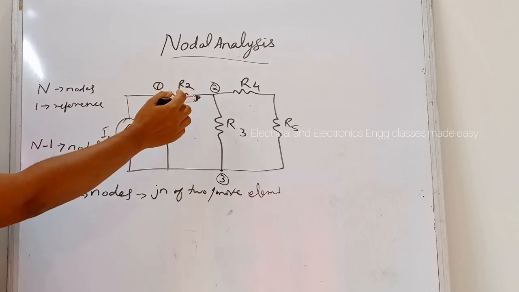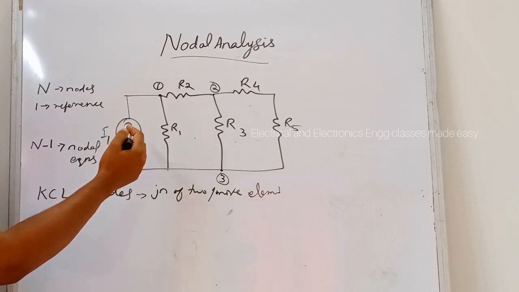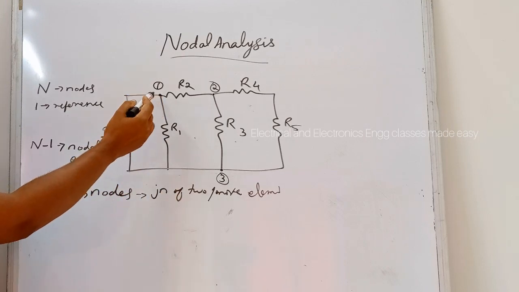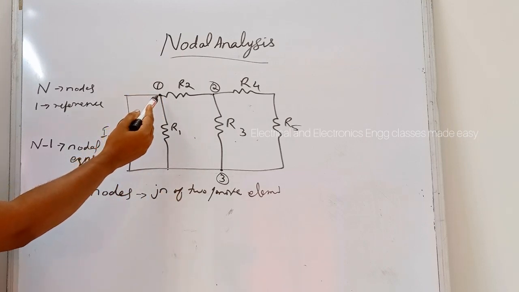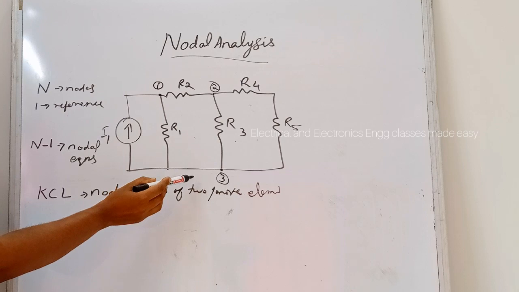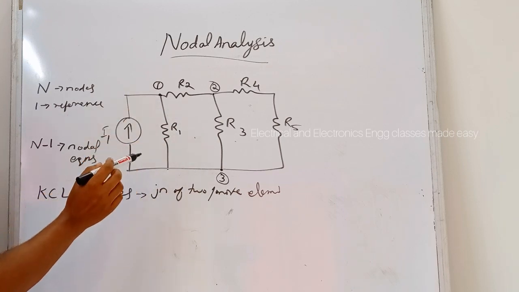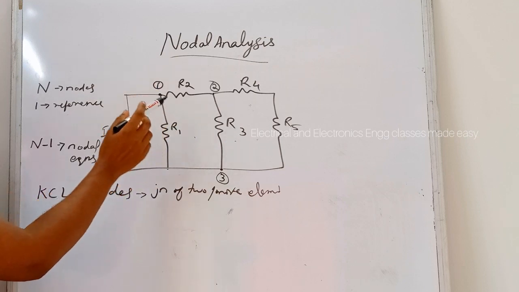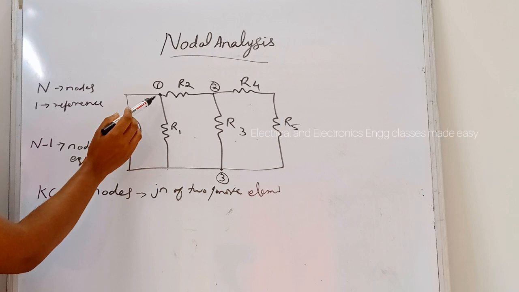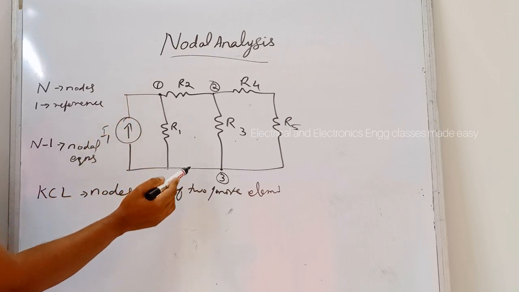The nodes in a circuit can be assigned a number or a letter, and the node voltage is the voltage of a given node with respect to one particular node called the reference node, which we assume at zero potential. In this circuit, the voltage at node 1 is the voltage at that node with respect to node 3.